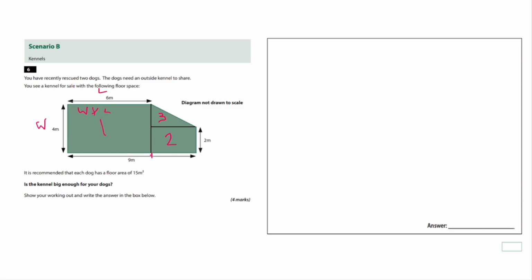Now, as you can see at the top here, it's 6 meters across here, and the total is 9 meters, so we can see that that would be 3 meters. So just got to watch out for those things. So this is 2 meters here, and this total is 4 meters, so we know that this length here, we need to find out this length, would be 2 meters, because we're going to take off this 2 meters here.